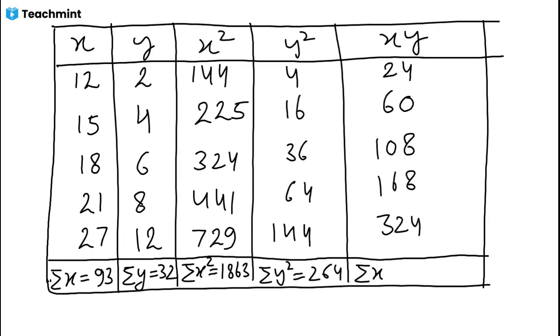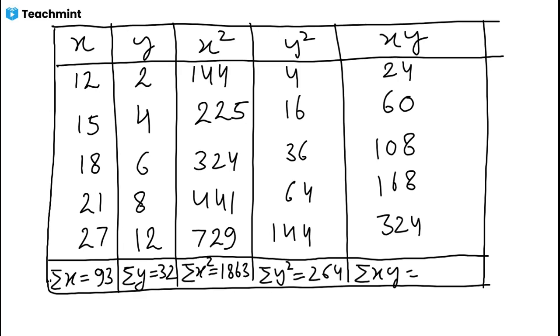Summation x: 12 plus 15 plus 18 plus 21 plus 27 is 93, and 2 plus 4 plus 6 plus 8 plus 12 is 32. Then 144 plus 225 plus 324 plus 441 plus 729 gives 1863.